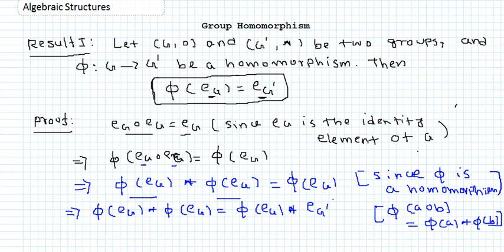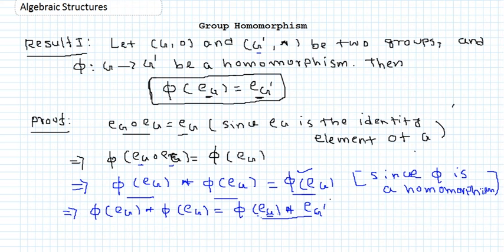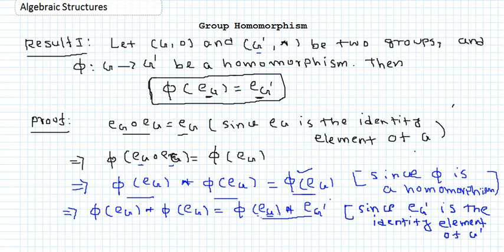We can write EG dash because it is the identity element of the group G dash, and we know that if I compose any element with the identity element, we get the same element. Since phi of EG has an inverse, we are going to take the inverse of these elements on both sides.